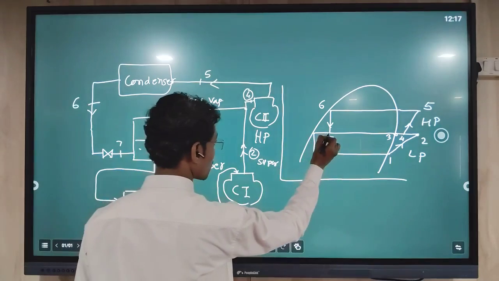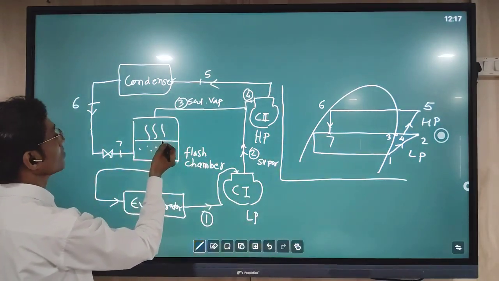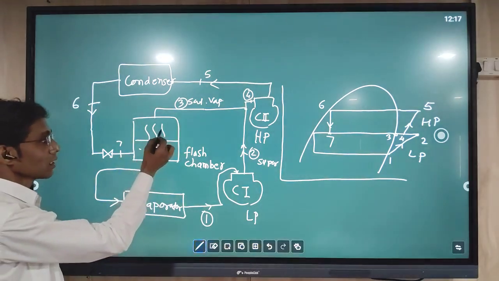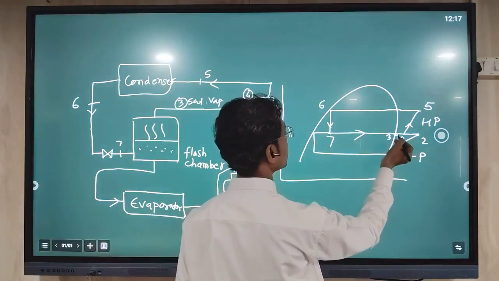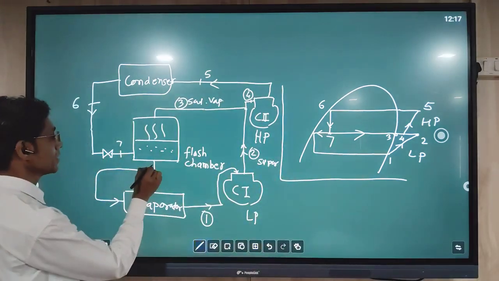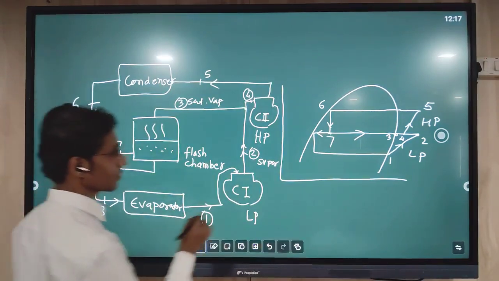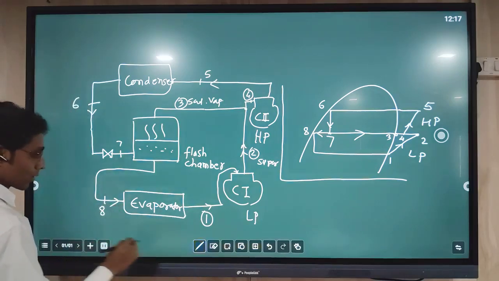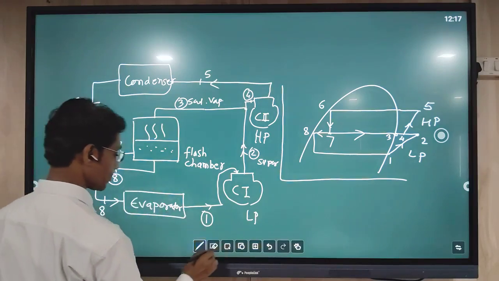And then at point 7, inside the flash chamber, as I already mentioned, the flash chamber separates the vapor. The vapor part will go on the right side and the liquid part will go on the left side. So the liquid part is this point, which will be point number 8.